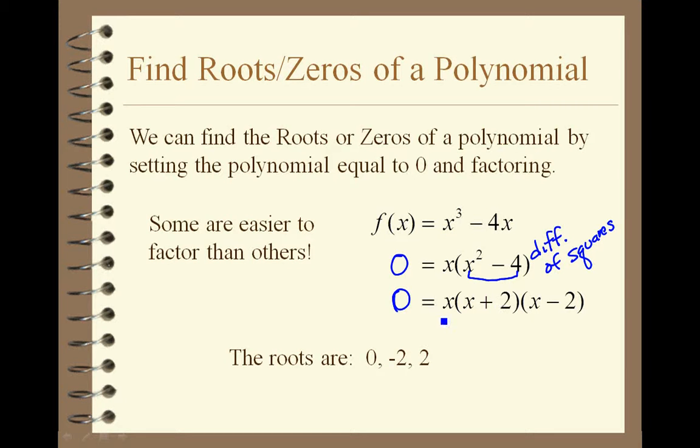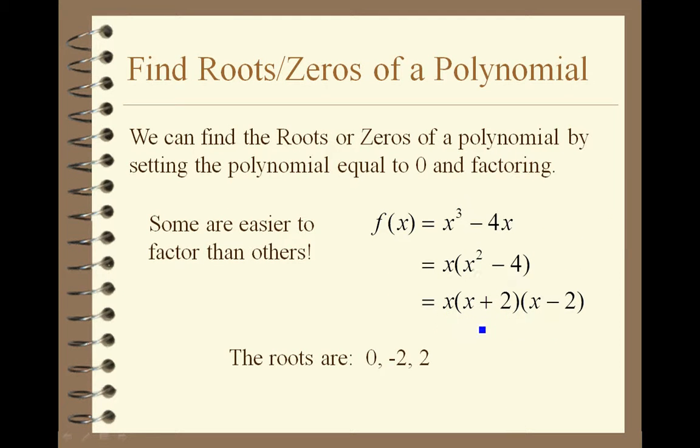Now this is in factored form. These are what they call linear factors, linear referring to the degree being 1 for each x. The x, the x plus 2, and the x minus 2 are each to the first power. This is the complete factorization.